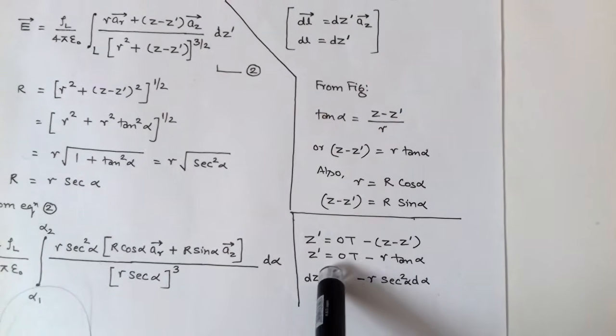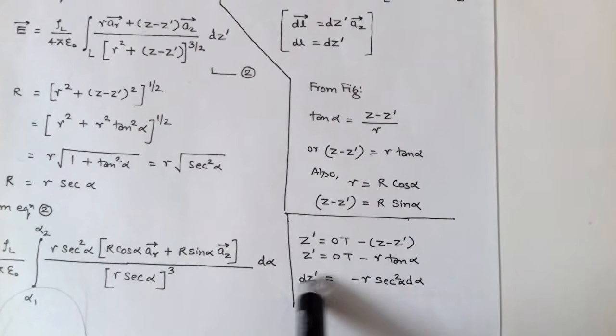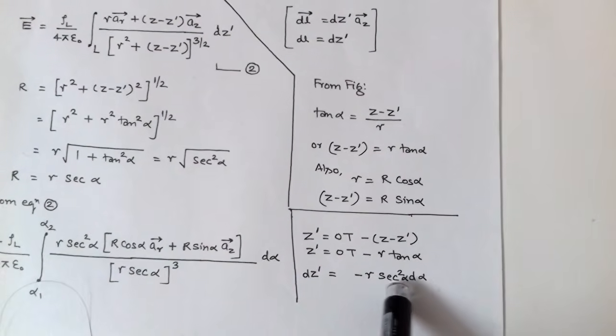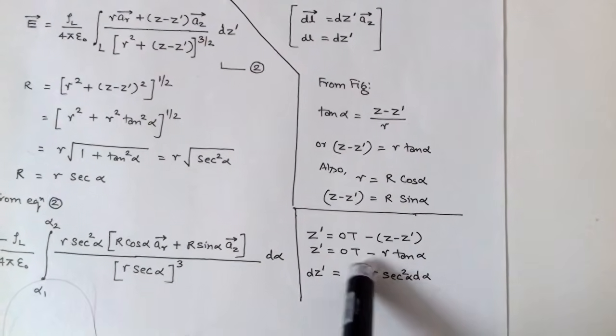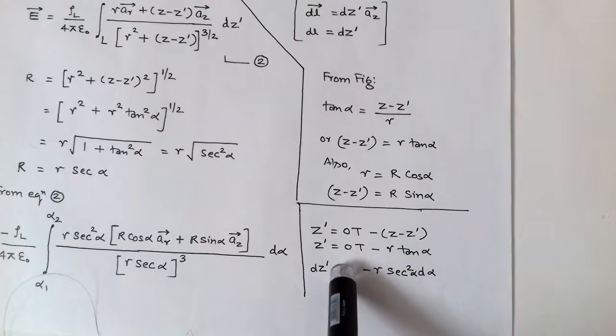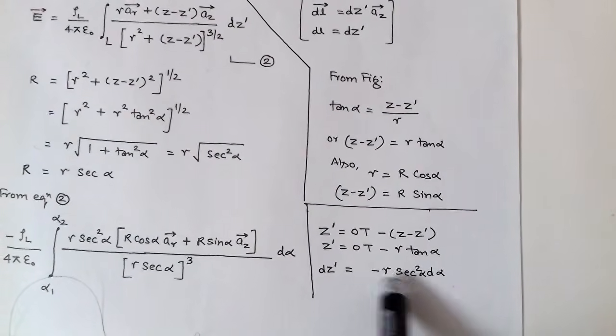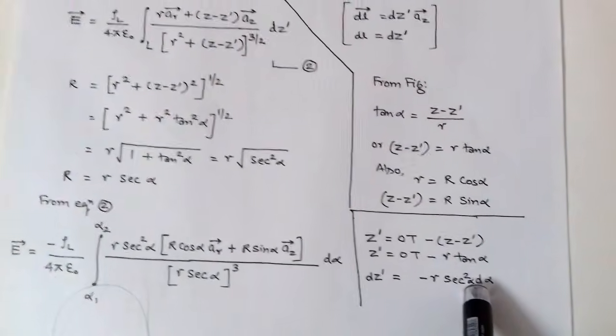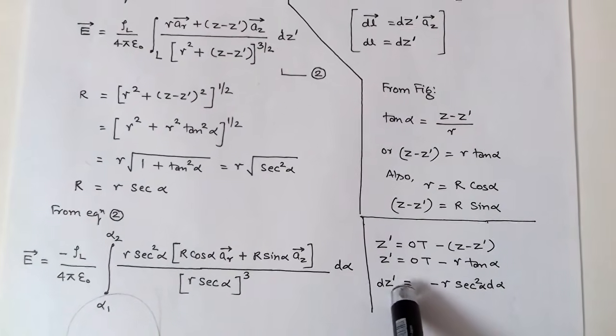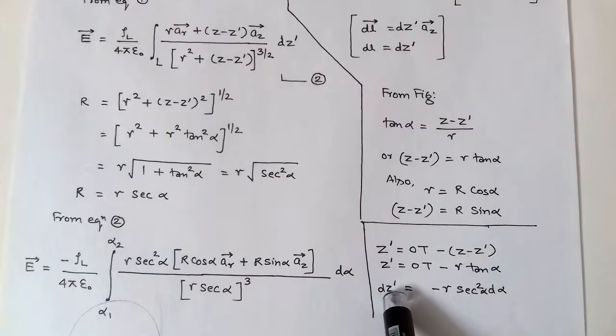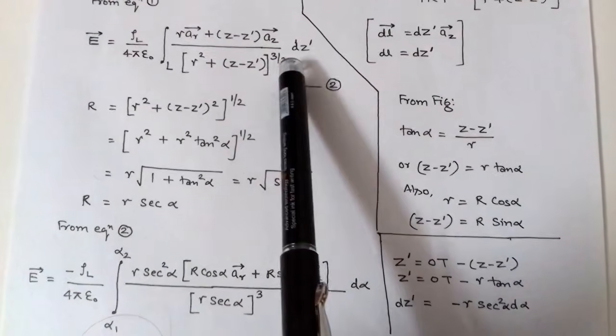Now take a differentiation. So dz dash equals minus r sec square alpha d alpha, because OT is constant, so its differentiation is 0. So the differentiation of tan becomes sec square alpha d alpha. So the value of dz dash can be put in equation number 2.